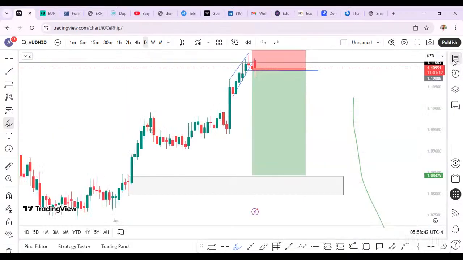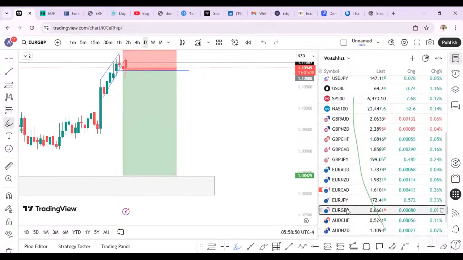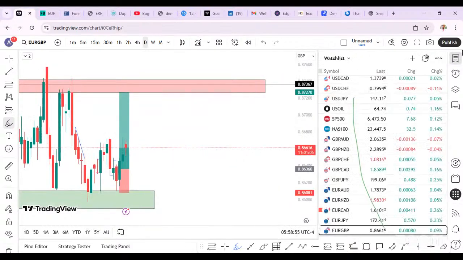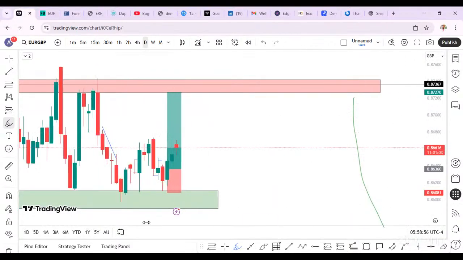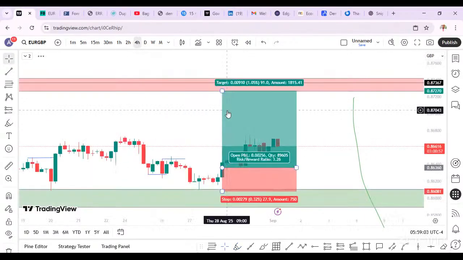So stay tuned. Outside USD pairs, we have other pairs that we can look out for, like the AUD CHF, this guy. Yes, this one will not go. This guy is still bullish. GBP CHF is still bullish.